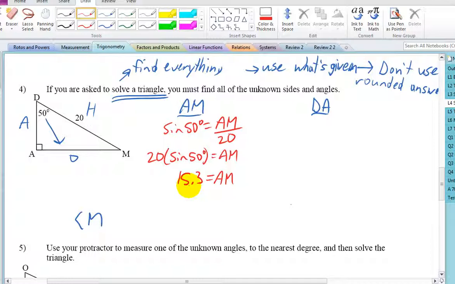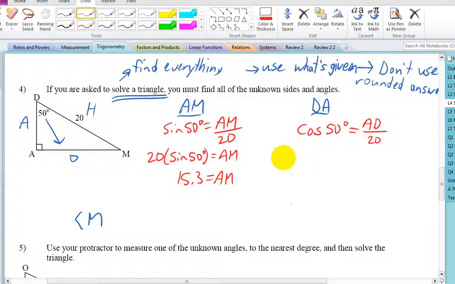Good. Okay, find DA now. Since we're trying to find the adjacent side, you have to use a new ratio. So use a different ratio other than sine. A and H is cosine. Usually alphabetical, but I'm never picky on that.